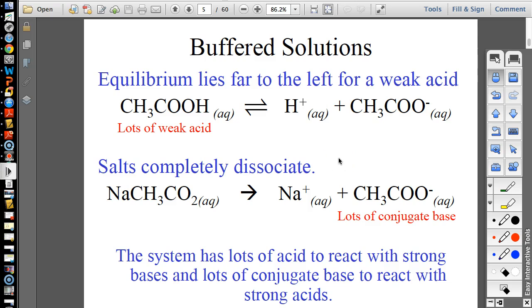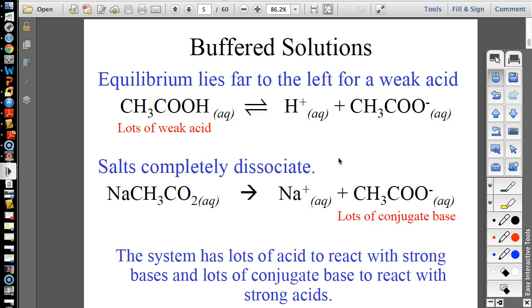Alright, so, like I already mentioned, when I have a weak acid, equilibrium is going to lie far to the left. The Ka of acetic acid, you just did it, was something times 10 to the negative fifth, right? That means when the equilibrium constant, the Ka for this acid, is little, the equilibrium lies over here. So in the water, I'm going to have a bajillion acids and like 2 of these guys, right?